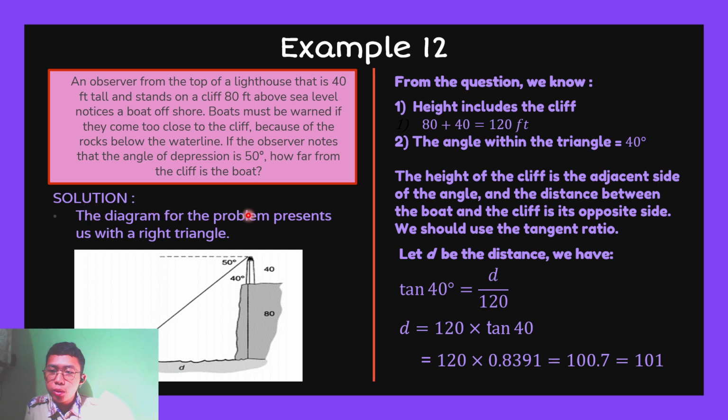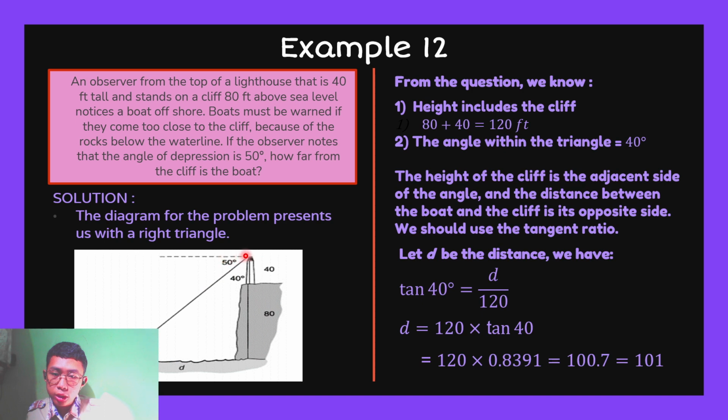The solution: the diagram from the problem presents us with a right triangle. Here is the boat and the cliff. The height of the cliff is 80 and the height of the lighthouse is 40, and the angle of depression is 50 degrees.